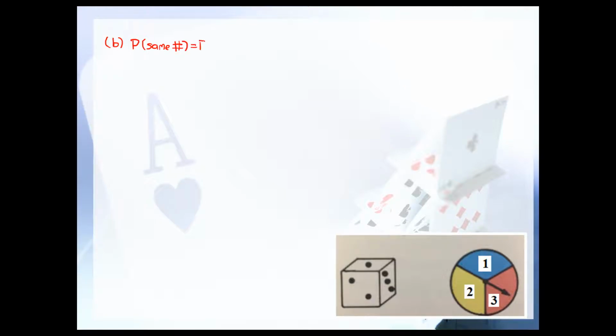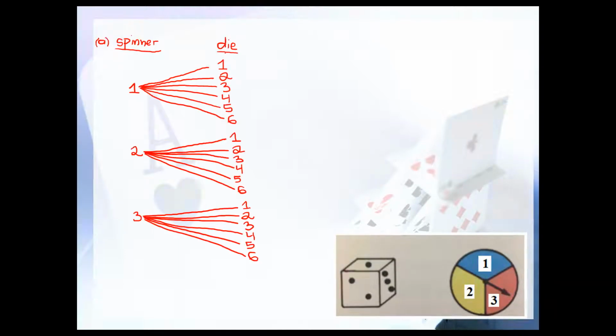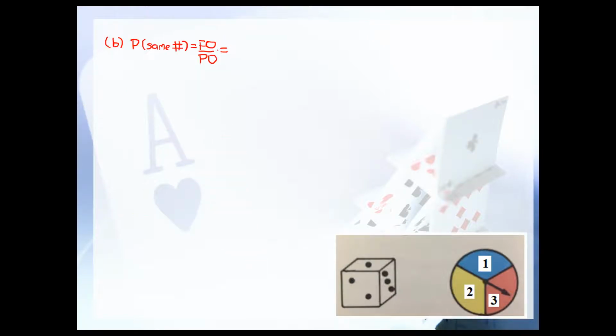And that's equal to your number of favorable outcomes divided by your number of possible outcomes. I like to identify how many possible outcomes there are first. So the number of possible outcomes would just be the total number of branches. You'd have 1, 2, 3, 4, 5, 6, 7, 8, 9, 10, 11, 12, 13, 14, 15, 16, 17, 18. So I have 18 possible outcomes.